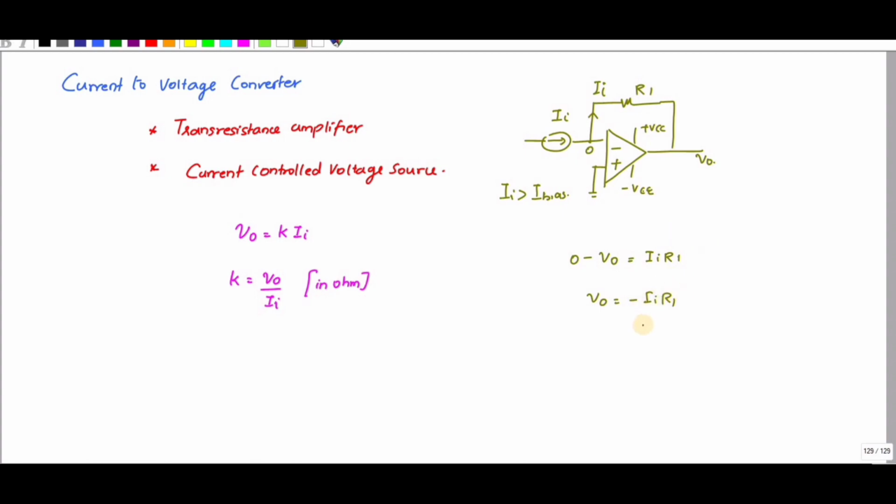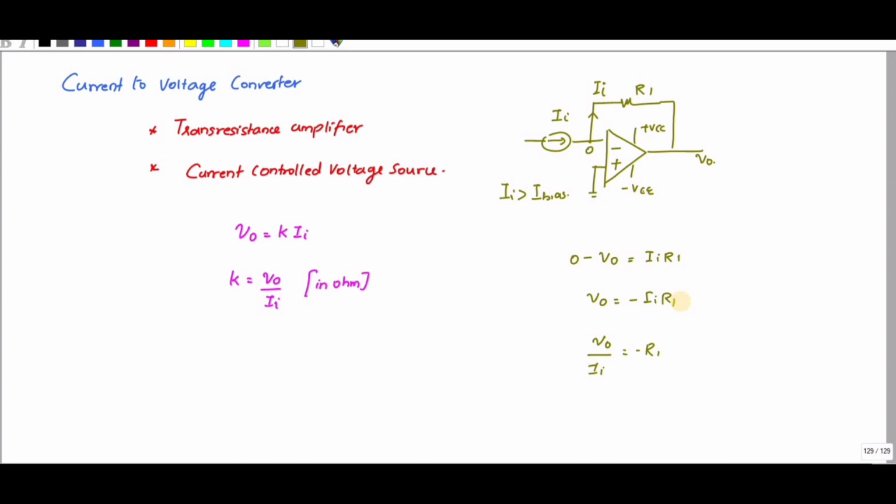So V0 is equal to minus II R1, so V0 by II is equal to minus R1. If you change the direction of the current, you will get a positive value. That's all about the current to voltage converter using the inverting amplifier.